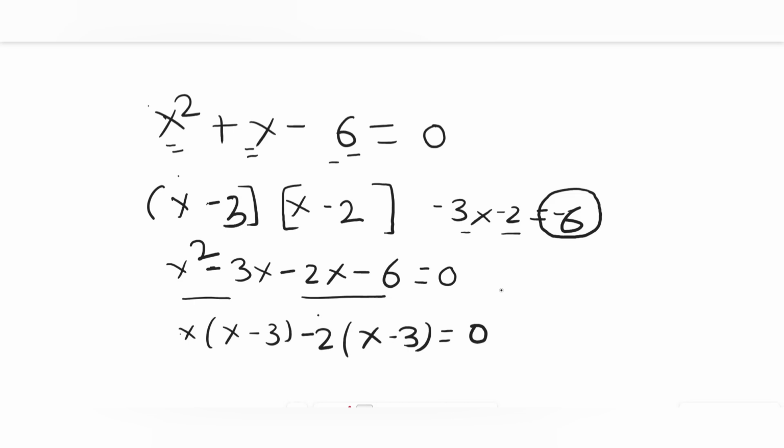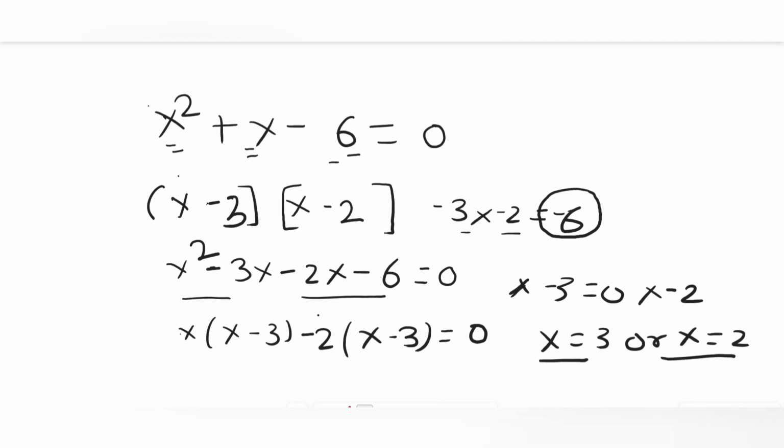To find x minus 3, we have to write it here on the right side: x minus 3 is equal to 0 or x minus 2 is equal to 0, so x is equal to 3 or x is equal to 2. These are the two values we get using the factorization method to solve this equation.